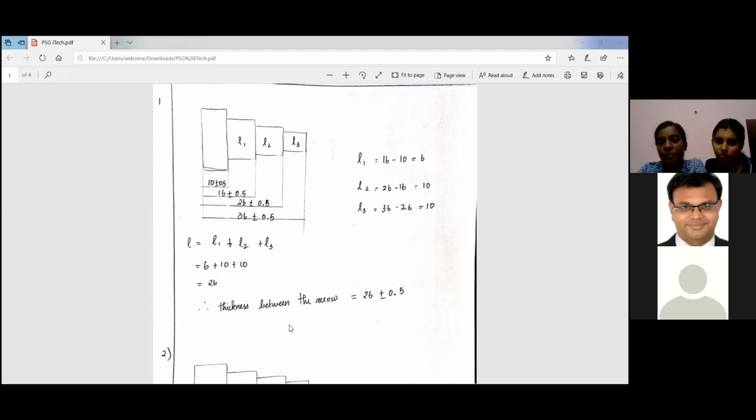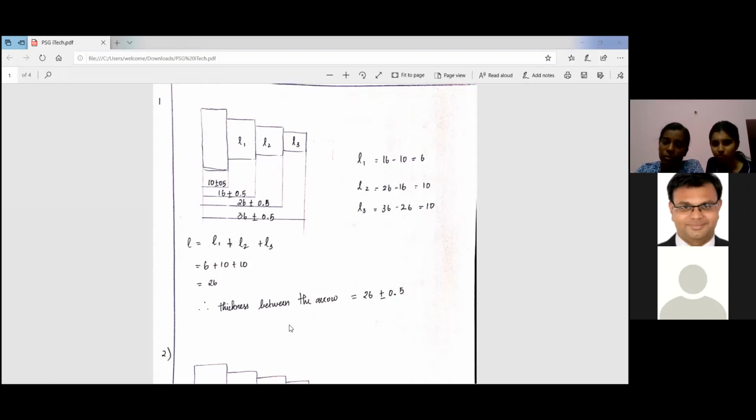What you have to do here is very simple actually. When you're going for a baseline method or a chain dimensioning method, you need to close the loop. Before L1, assume it is 0.